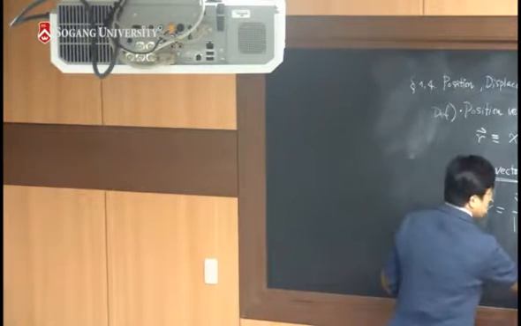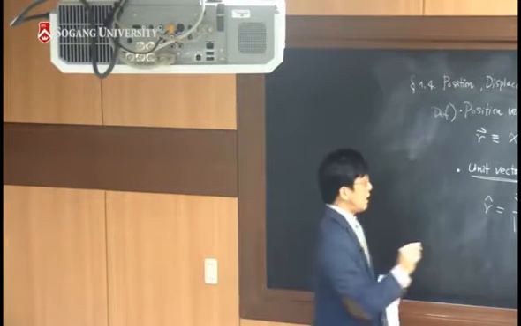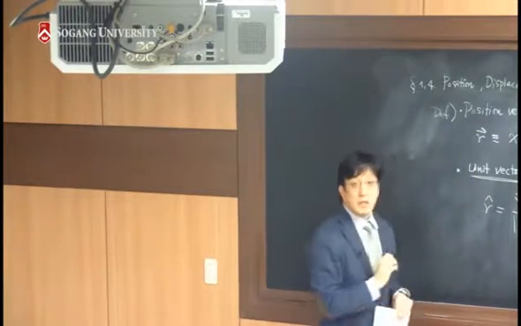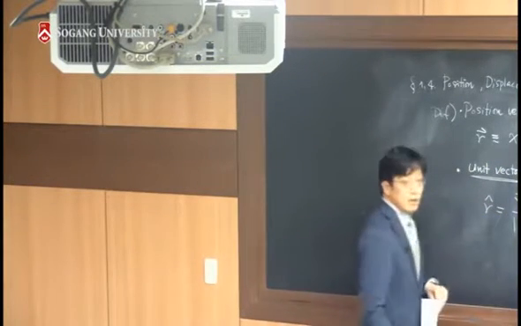So since we know the Pythagoras formula, the magnitude of this vector is given by the square root of x squared plus y squared plus z squared. Okay?